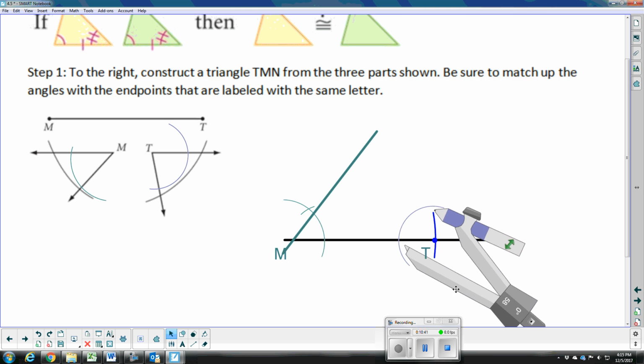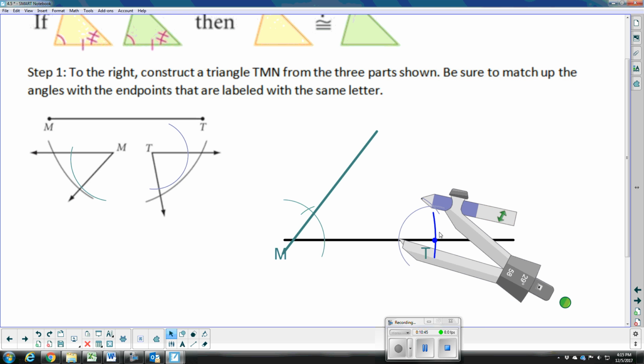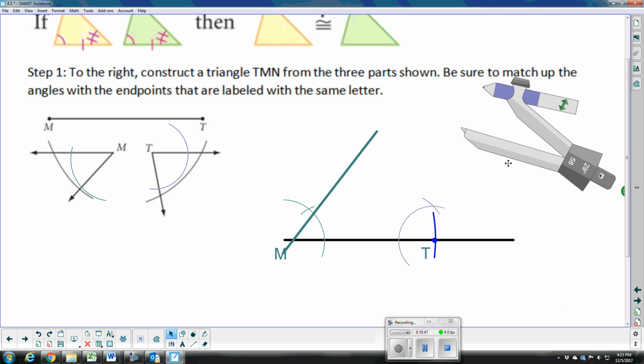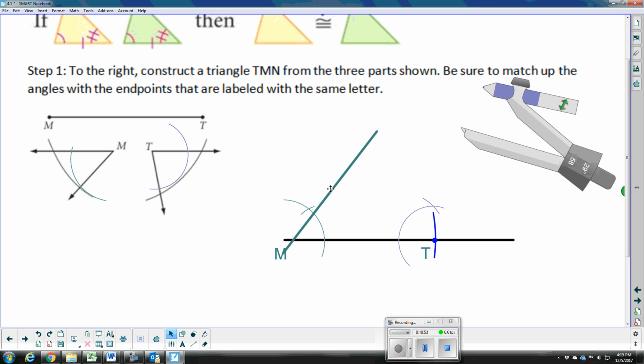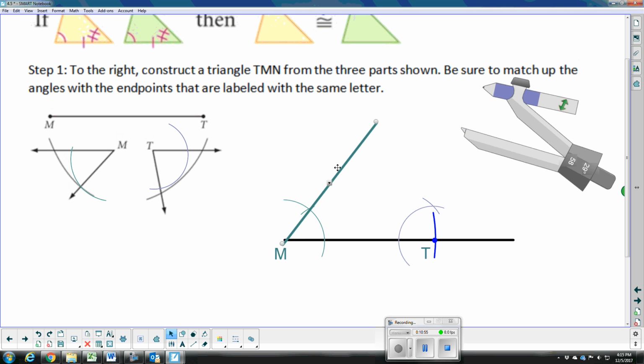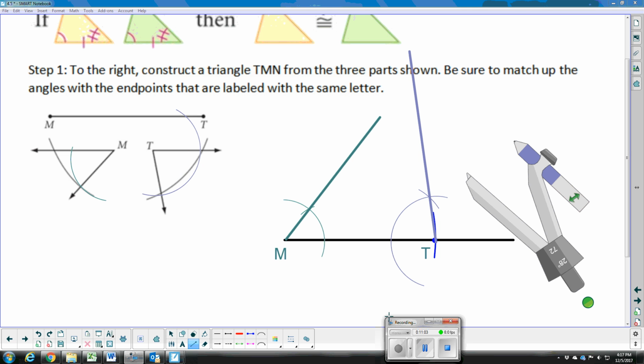And then where our two arcs intersect, that's our angle T. All right, now see how my angles do not intersect?